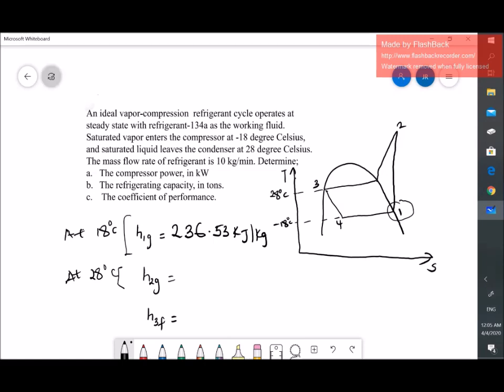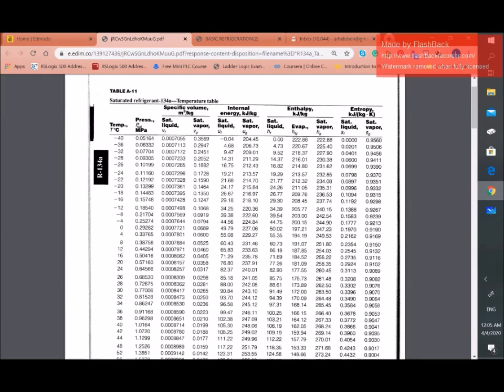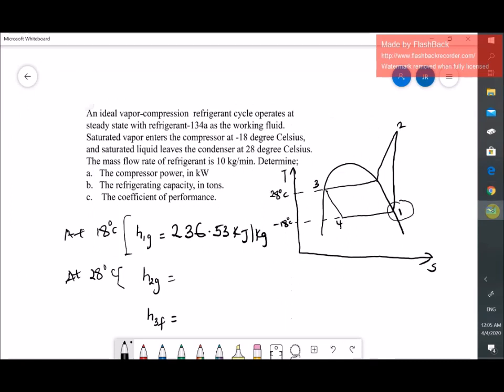Now we go back to our steam table. At 28 degrees Celsius, which is at this point, we find the corresponding value of Hg, which is 262.50 kilojoules per kilogram.